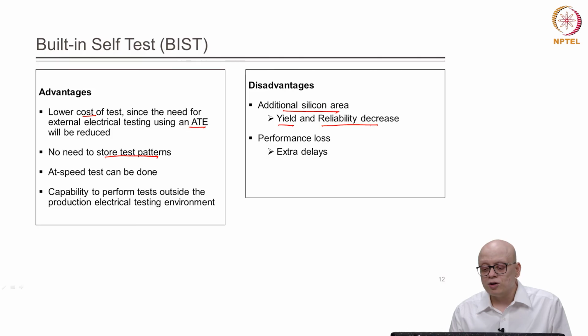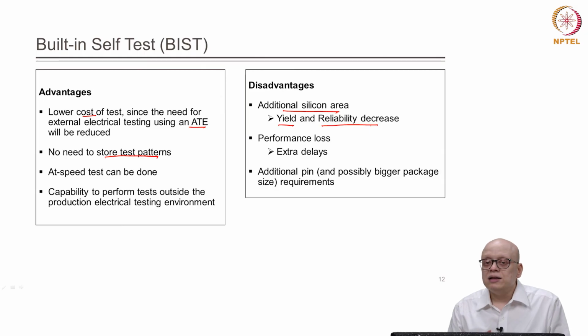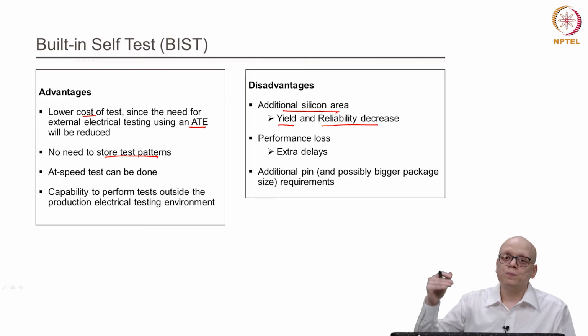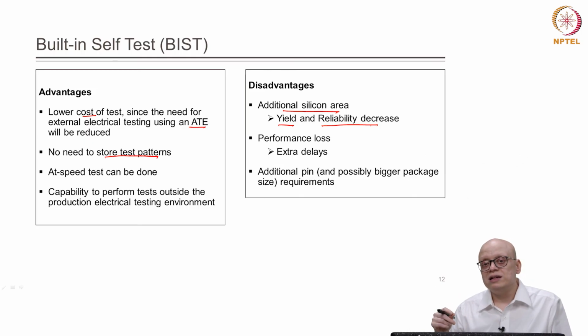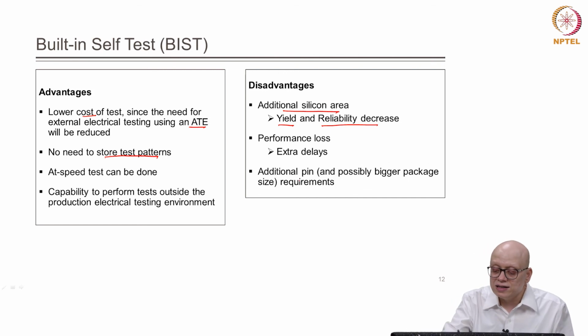There can also be performance loss if the added infrastructure comes in the critical path of our design, right. And the BIST based infrastructure will need some pin to indicate that we are now going into BIST based testing, and also some pin or external port which will indicate whether the BIST testing has passed or failed, and so on. So, BIST based testing can require additional pins or ports in our design, and therefore, it may require bigger packages, right. So, these are some of the disadvantages.